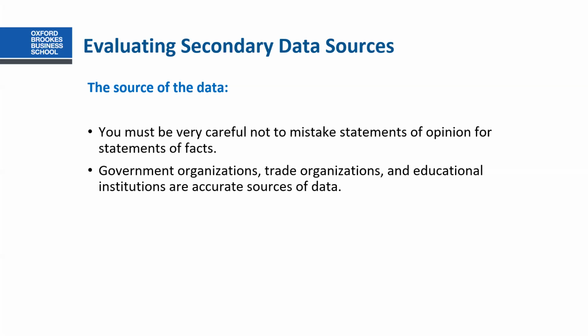However, government organizations, trade organizations or educational institutions such as universities are considered relatively reliable sources for secondary data, and you can expect high quality data. However, blogs and other websites might publish data that is biased, or maybe even fake. So please make sure you know the source of the data and whether it is reliable before citing it in your research.